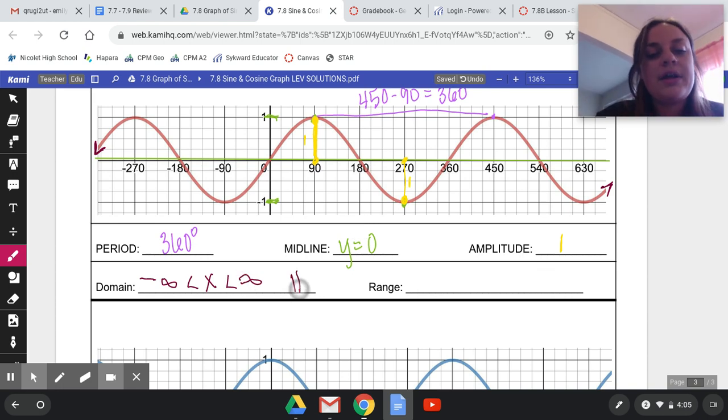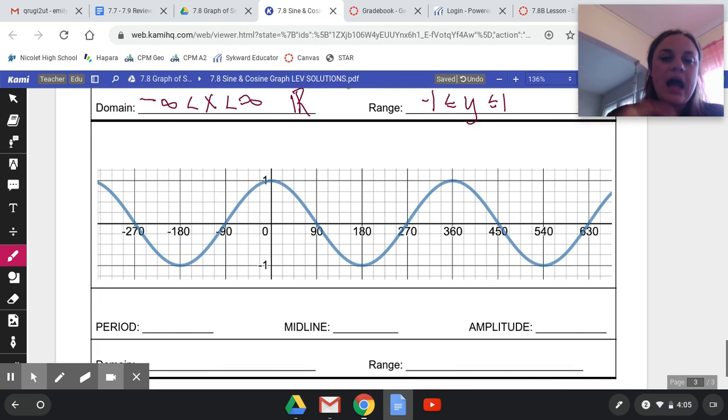My range: my lowest y value is down here at -1, less than or equal to y, and it actually does hit that. My highest point is up here at 1, less than or equal to 1. It does hit that.